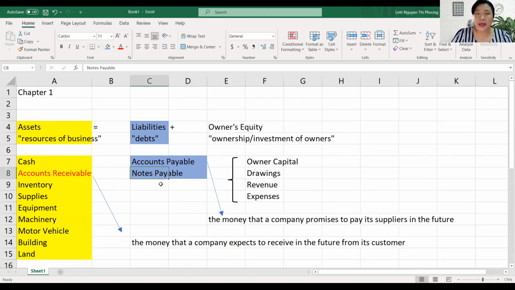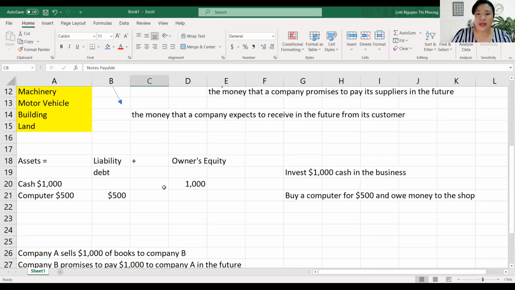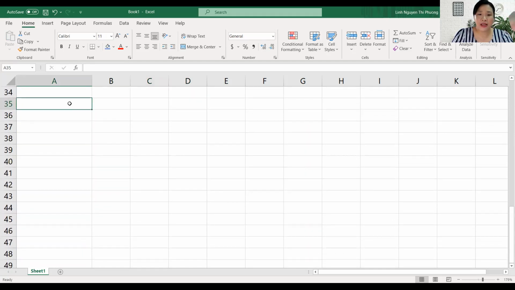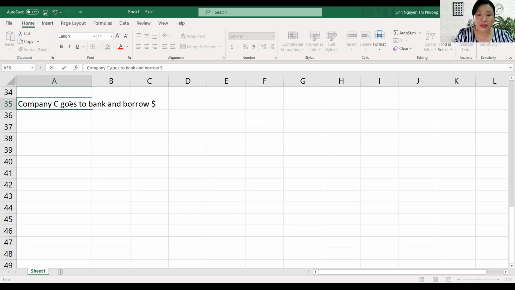Note payable means, for example, if company C goes to the bank and borrows $10,000 with 10% interest per year.